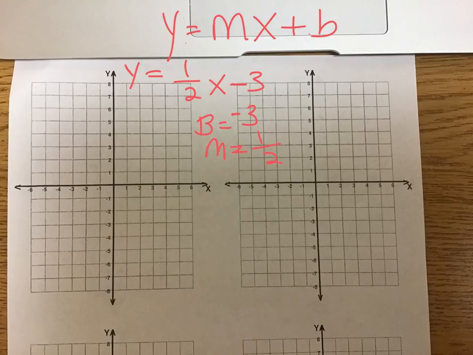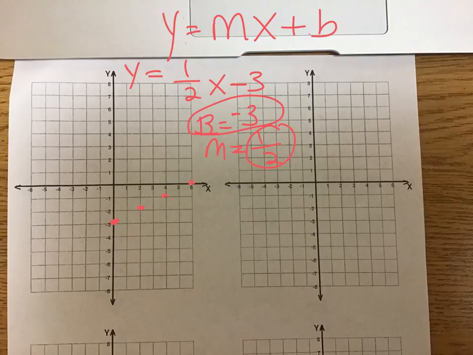So we're going to start with our b, which is our y-intercept, and that is -3. So at -3, we're going to put our data point, okay? And then we're going to do our rise over run, 1 over 2. Up 1 over 2. Up 1 over 2.